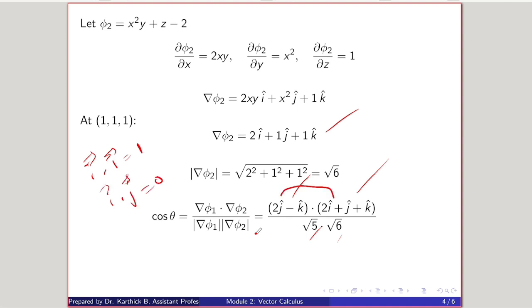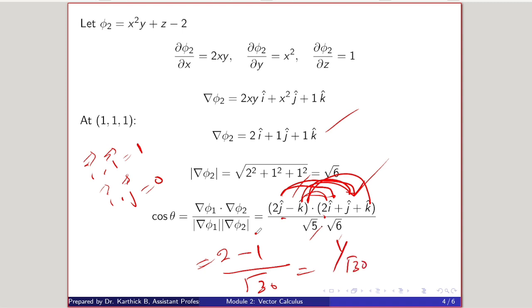So 2 into 2 for j vector dot j vector becomes 1, so 2 into 1 is 2. Then 2 into k becomes 0. Now with the same 0, 0 and 0, then minus k dot k gives minus 1. So the numerator is minus 1, divided by square root of 30. So it becomes 1 by square root of 30.